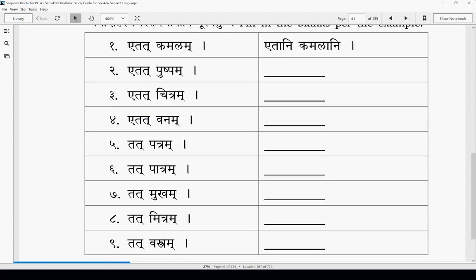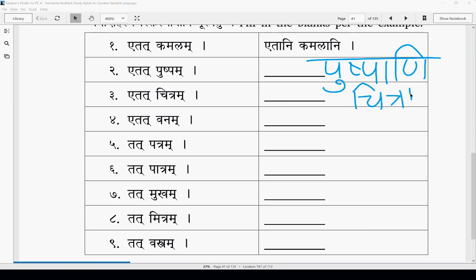Etat kamalam, etani kamalani; etat pushpam, etani pushpani. Etat chitram, etani chitrani; etat vanam, etani vanani; etat patram, etani patrani.